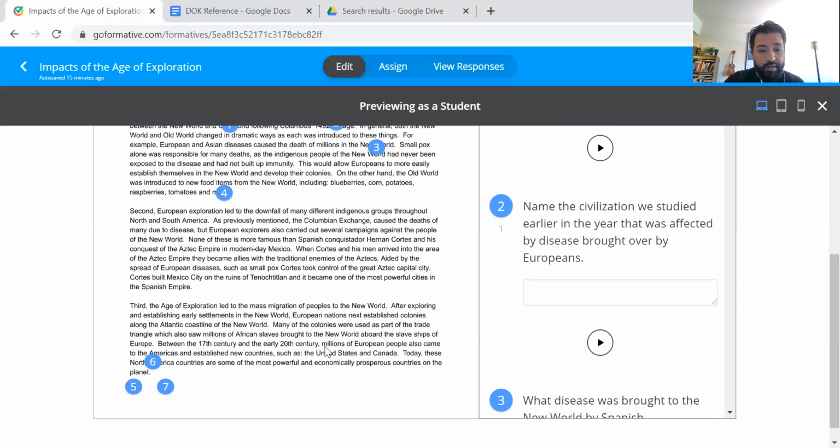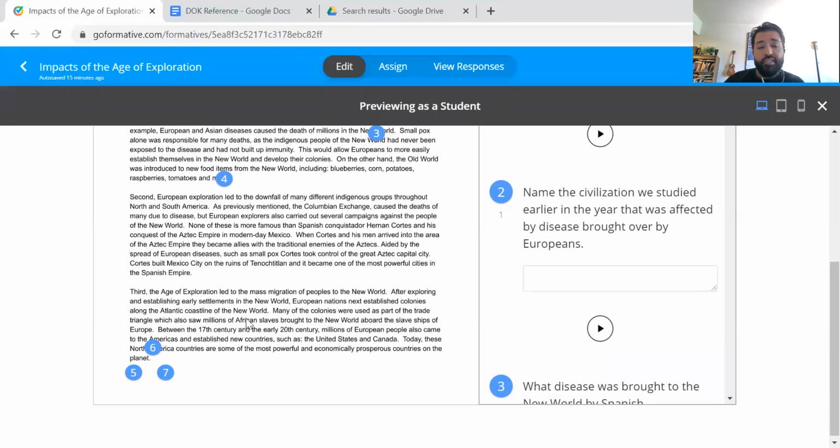When Cortes and his men arrived into the area of the Aztec Empire, they became allies with the traditional enemies of the Aztecs. Aided by the spread of European diseases, such as smallpox, Cortes took control of the great Aztec capital city. Cortes built Mexico City on the ruins of Tenochtitlan, and it became one of the most powerful cities in the Spanish Empire.